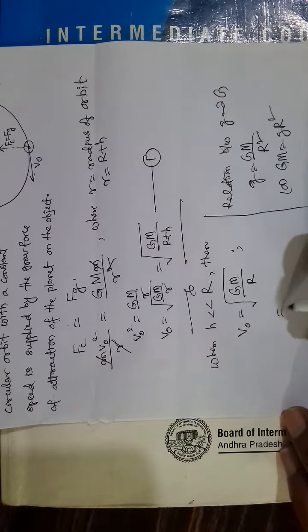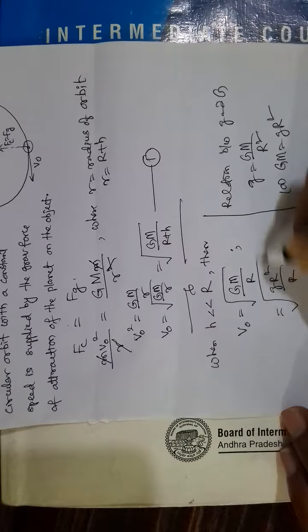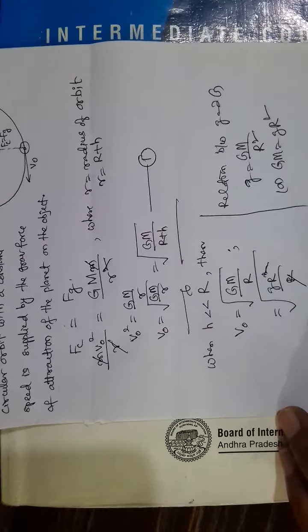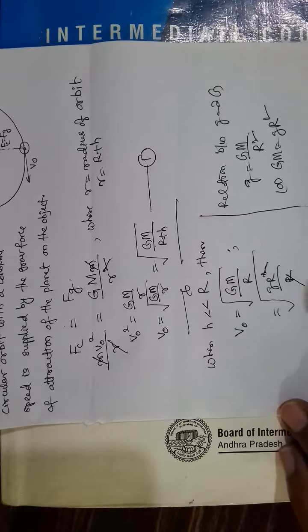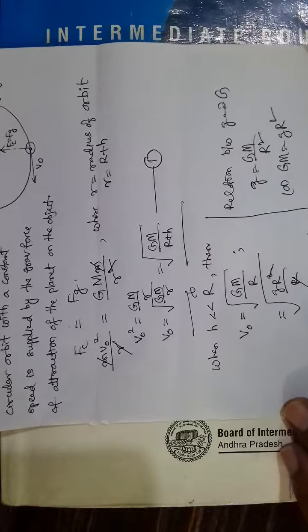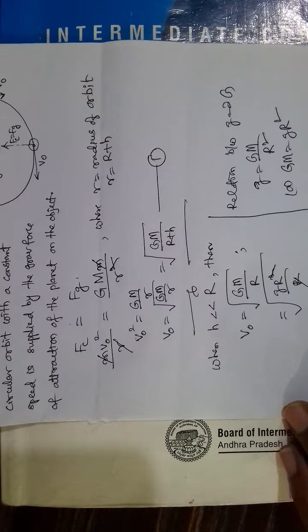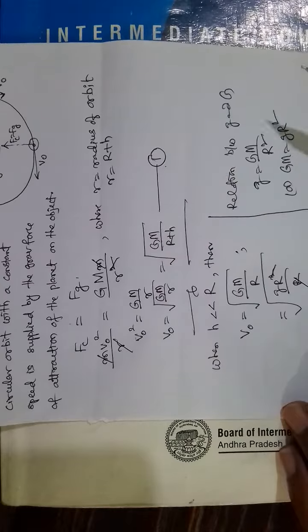Here if you substitute this value, we get another expression for orbital speed. So this is the second equation. While solving numerical problems, according to the given data, we shall be using either equation 1 or 2.